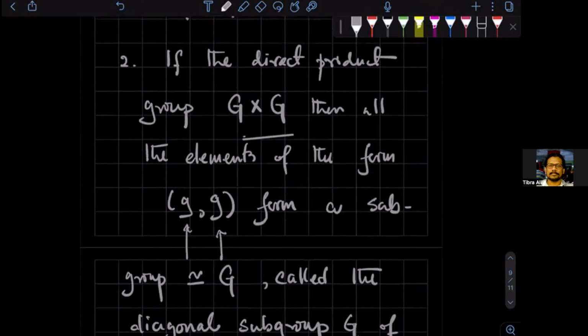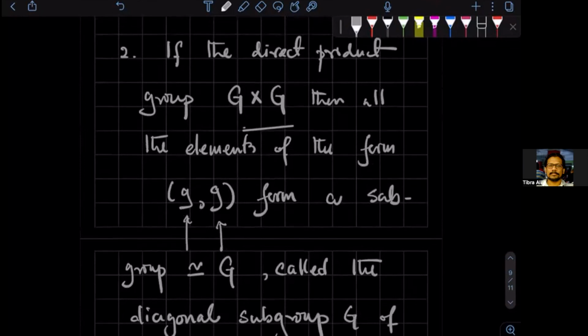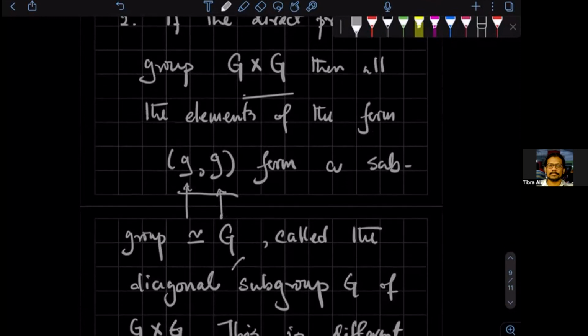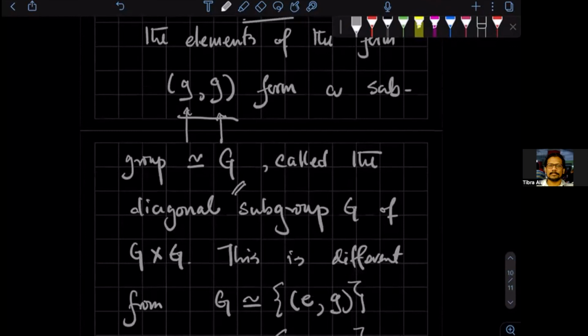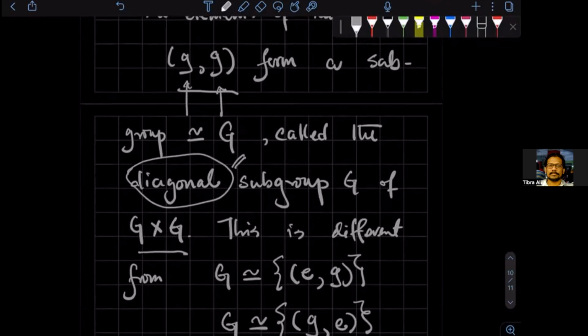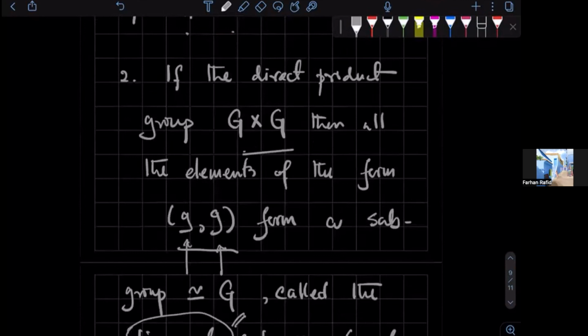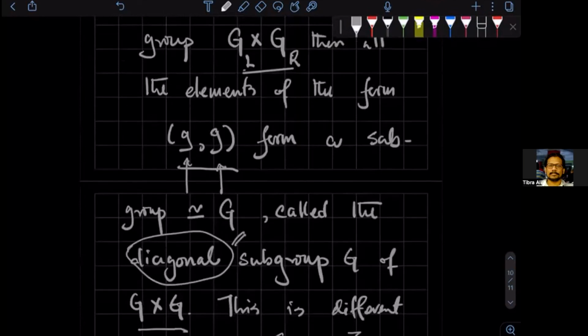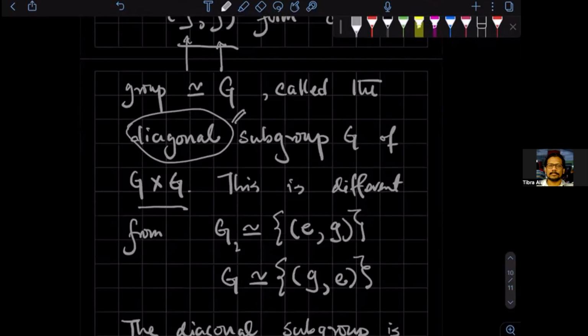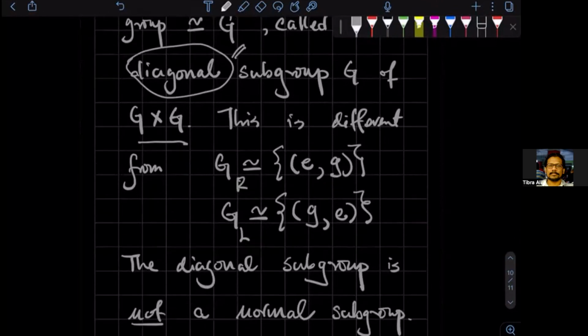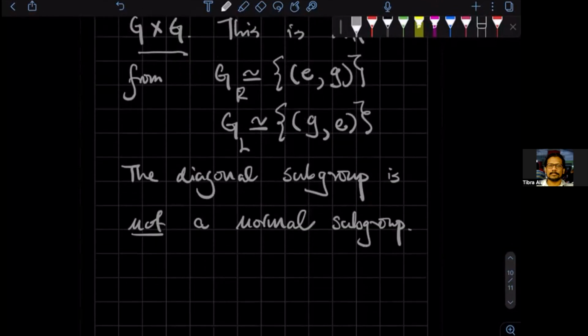So if you restrict to these forms of elements, then we get a group which is isomorphic to G, but it's a subgroup of G cross G, and it's called a diagonal subgroup. But this group is different from either this left G or right G. Let's call this the left copy and the right copy. And you can also show that this is not a normal subgroup.